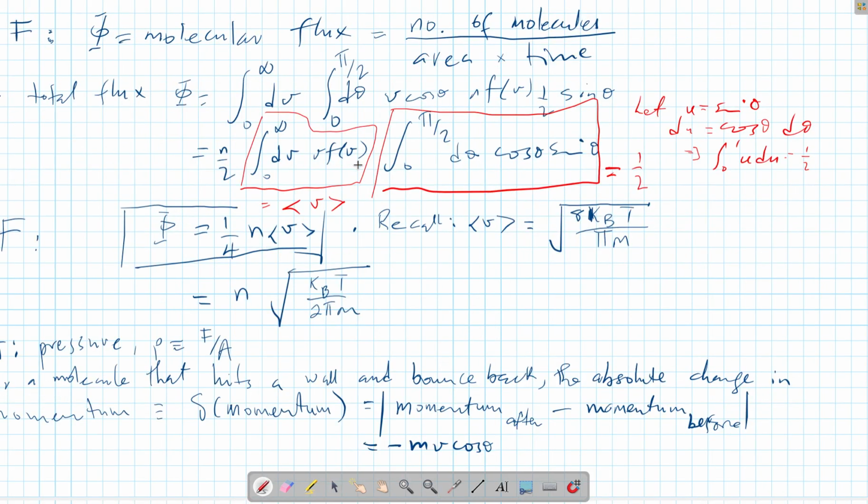So for that reason we use v cos theta for computing the momentum. So momentum after hitting the wall is minus mv cos theta, minus momentum before hitting the wall, mv cos theta, and we want the absolute value. This is going to be equal to 2mv cos theta.